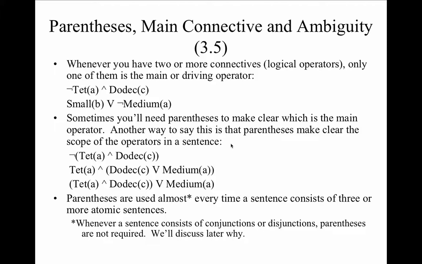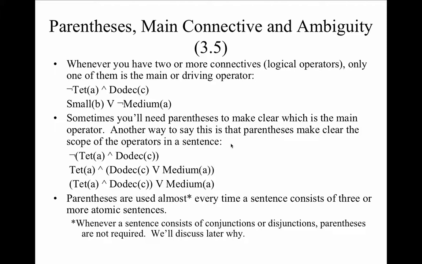In each, there are 2 connectives. So we have the operator hook and the operator caret in the first sentence, and then in the second sentence, we have the wedge and the hook. In other words, we have a negation and conjunction, respectively, in the first sentence, and a disjunction and negation, respectively, in the second.